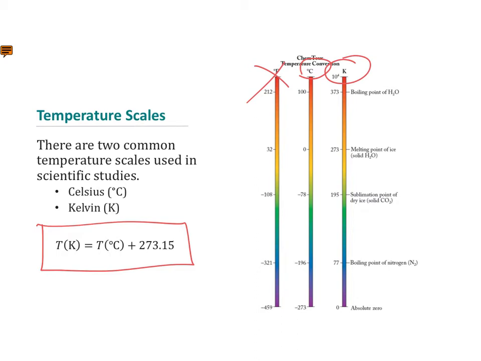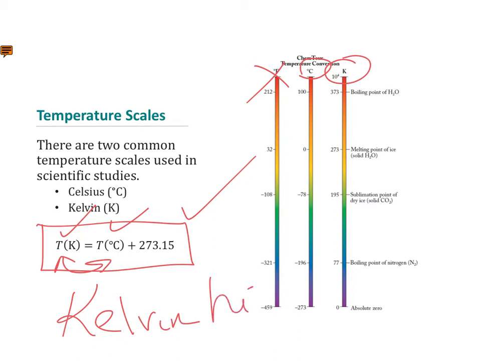That should be a freebie, easy peasy multiple choice question for you, so make sure you know that. One of the things that I always remembered when I was doing this, because I'd kind of get mixed up which of these features went on the left and which on the right, is just to remember that the value of temperature in Kelvin is always higher. Okay, your Kelvin value should always be higher.